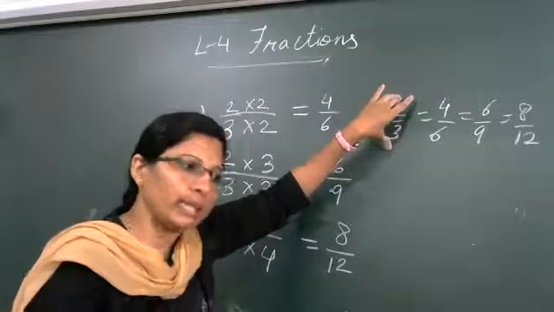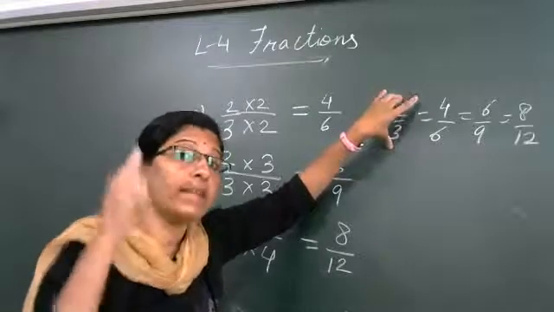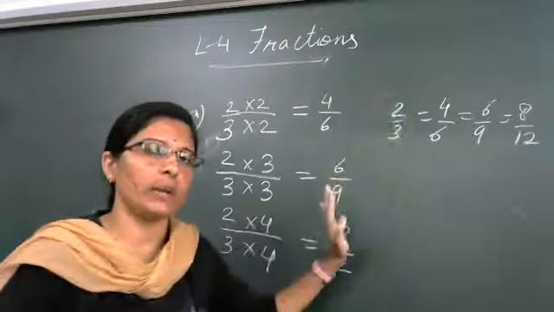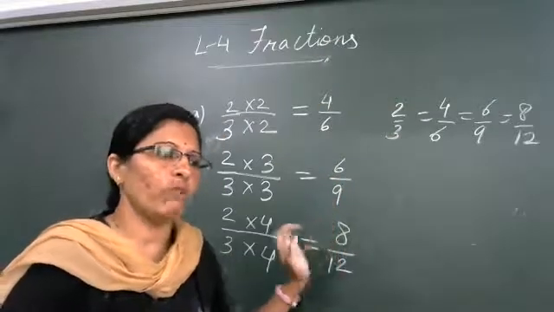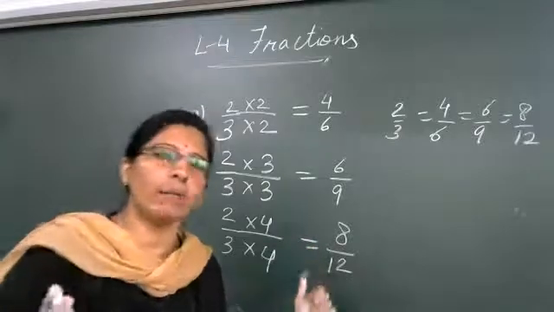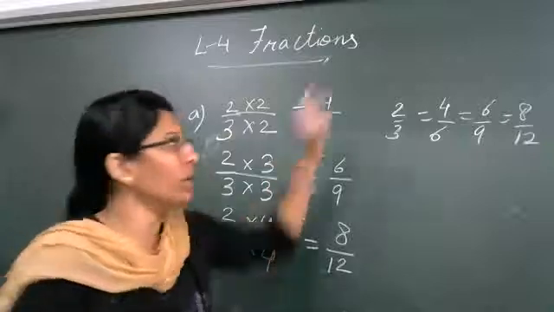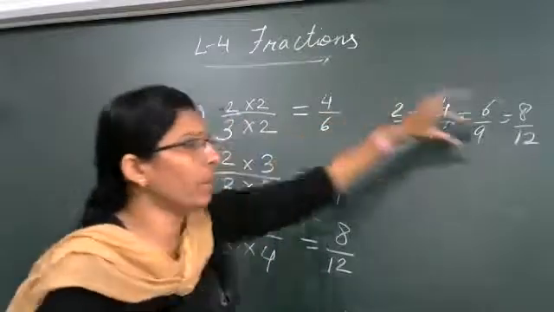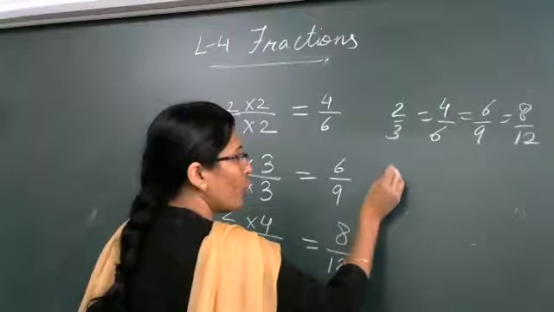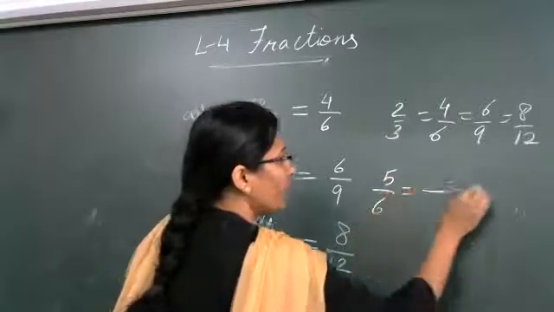Yes, I am going to tell that. If greater numbers are there, at that time you have to use the division method. First you tell me, you understood the multiplication method. Only what you have to do? You have to multiply up and down with the same number. Or you can write the table of that number: 2 table up, 3 table down. Now tell me directly, if we have to find the equivalent fraction of 5 by 6.